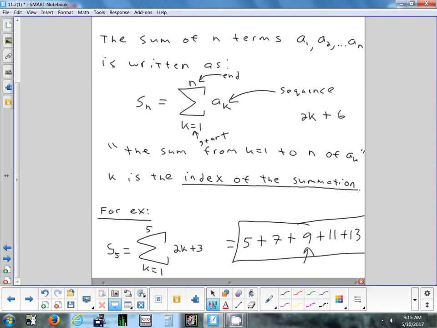What's the average of 7 and 11? 9. What's the average of 5 and 13? 9. So what I could do is think of these as all 9s, and I have 5 of them, taking into account some are lower, some are higher. So in my head, I did 9 times 5 to add that up. Just kind of a clever trick because it's a nice pattern to figure out the sum.